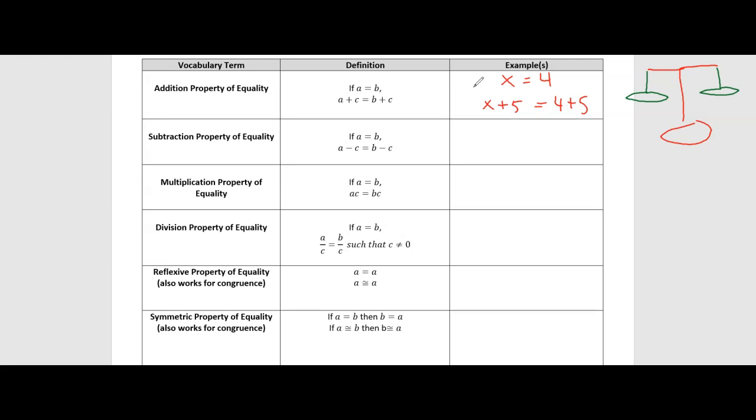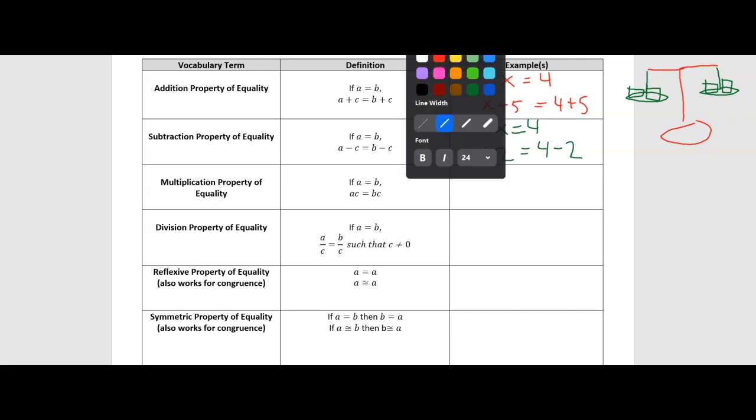If I add the same amount of blocks to both sides, let's say I add 2 blocks to both sides, the scale is still balanced, right? It's the same idea with the equation. If I add or subtract the same thing from both sides, my scale or my equation stays balanced. So just like I said, same thing for subtraction. If I start with that same equation, I could take away 2 from both sides, and my equation is still balanced.